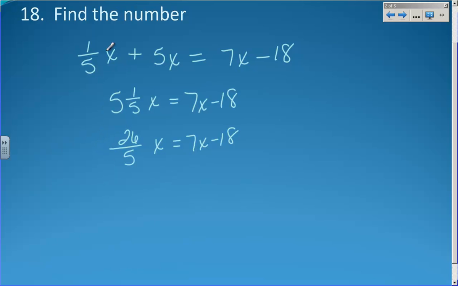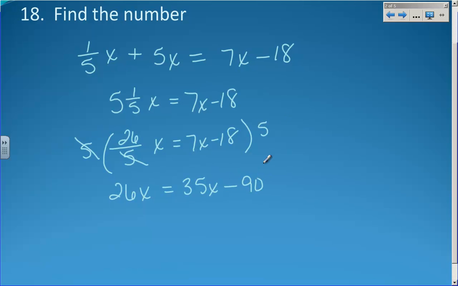By the way, I could have done this as step 1 and not had to mess with this, but you're going to end up with the same thing either way. So I'm going to multiply both sides by 5 so I can clear this fraction right here. So I have 26x equals, now 7x times 5 is 35x, and 18 times 5 is going to be 90, so I end up with minus 90.